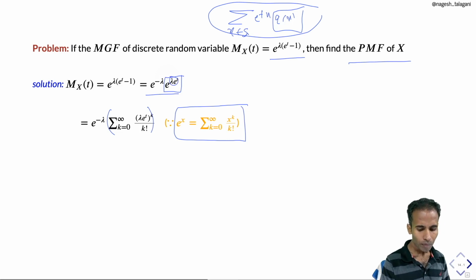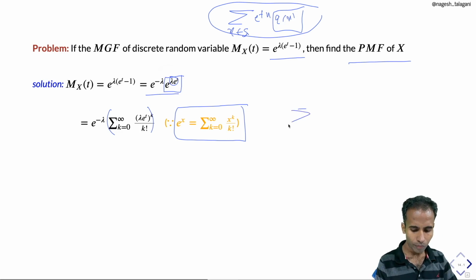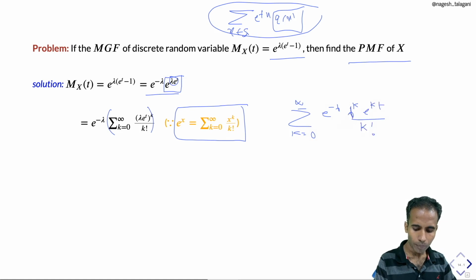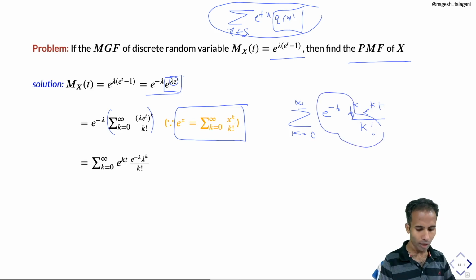Now, if I take e power minus lambda inside: e power minus lambda, lambda power k, e power kt by k factorial. If I group these things, I can rewrite it like this: summation k equal to 0 to infinity e power kt times e power minus lambda lambda power k by k factorial. Finally, now it is in the required form.